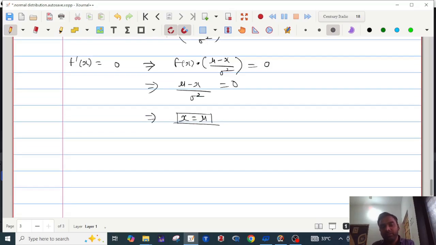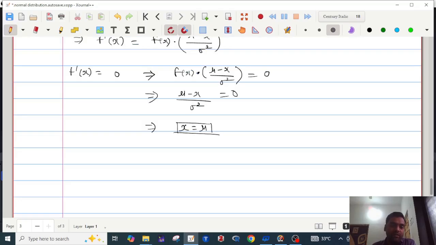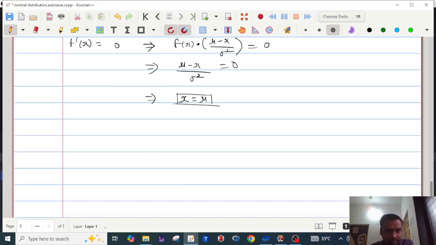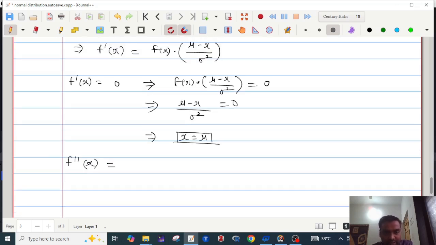So we call this x is equal to mu as the mode. If we find out the second derivative and put the value of x is equal to mu in it, that should confirm it. So now find out the second derivative. F double dash of x is equal to this one. Take its derivative.